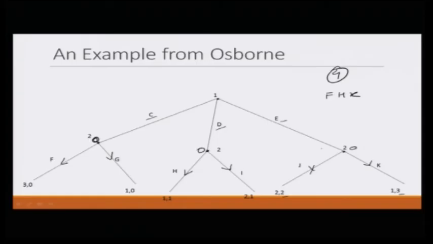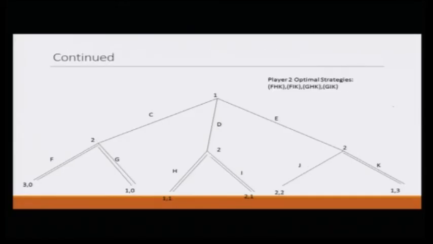But this is not the only best response. What are the other best responses? F, I, K. What else? G, H, K and G, I, K. These are the 4 best responses from player 2. These are the optimal strategies for player 2.